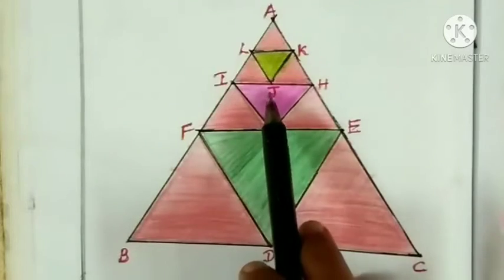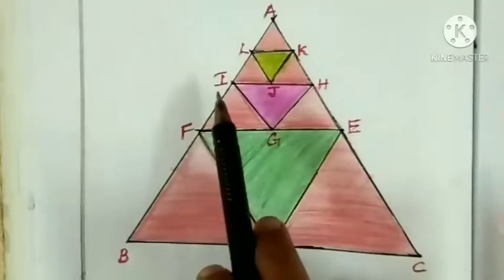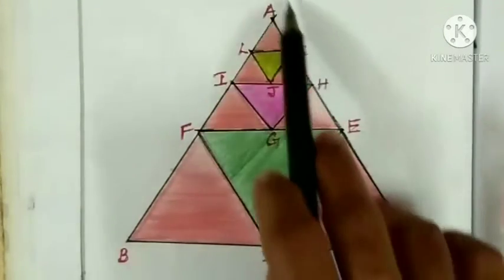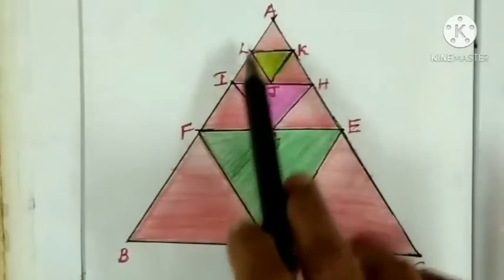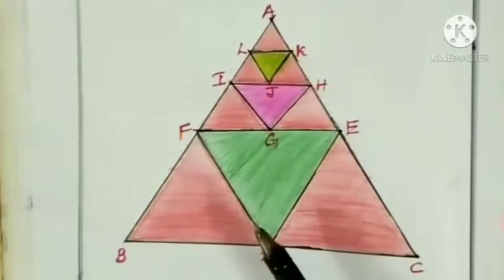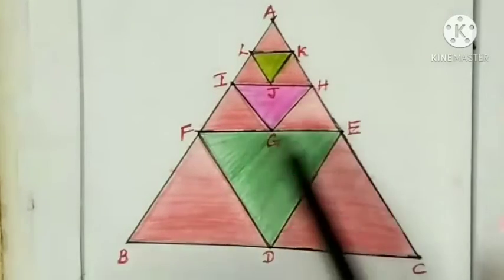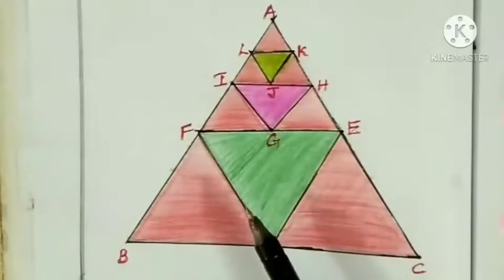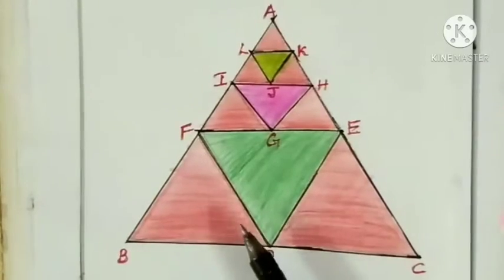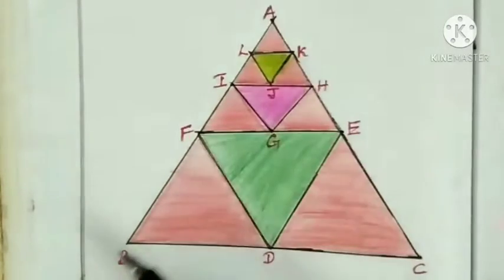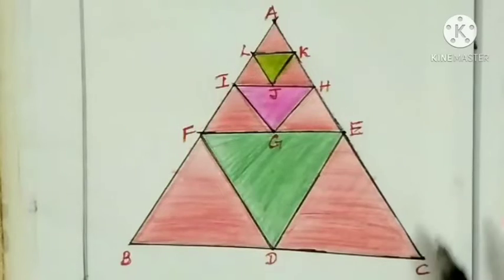Then triangle JKL is formed by joining the midpoints of triangle AIH. Therefore, the size of triangle DEF is exactly 1/4 of the size of triangle ABC.